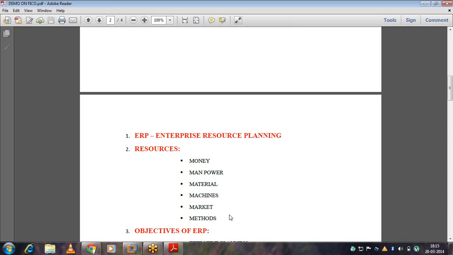Okay, fine. So the point here is, it is a proven concept that the organization which is earning more profits can declare more dividends, and more dividends will result in maximization of the wealth of the organization. But the point here is how to increase the profits. The organization can increase the profits by using the resources effectively.